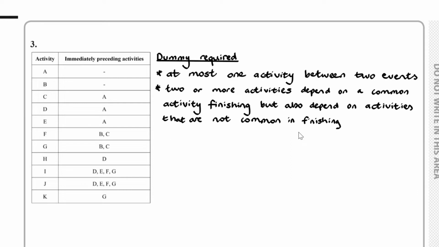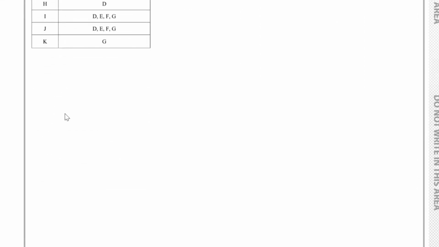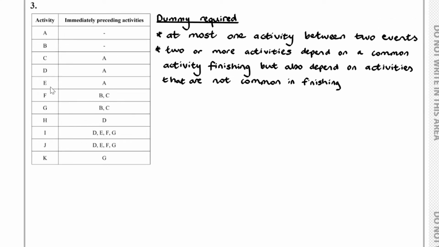And to do this question would require a fair bit of thought. We've got A and B which depend on nothing. I always say it's a good idea to draw a quick sketch and then draw it neatly at the end. So we've got A and B which depend on nothing.